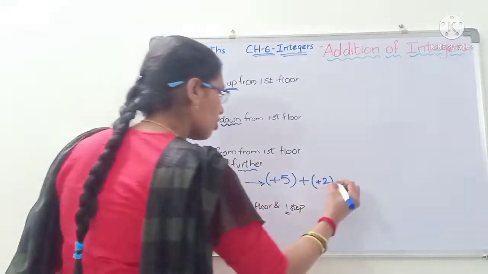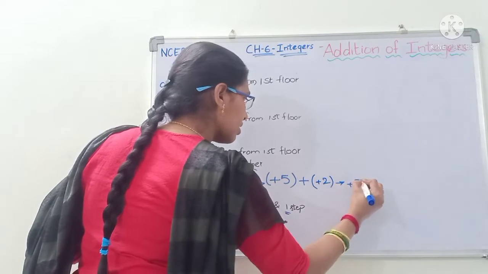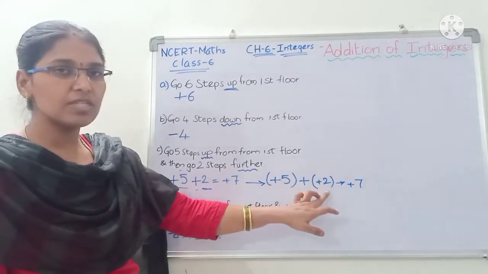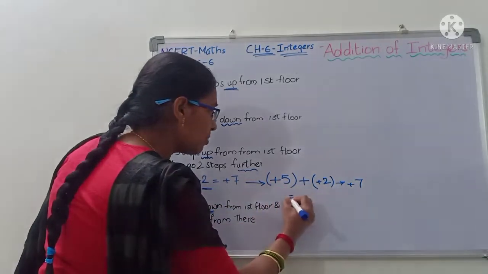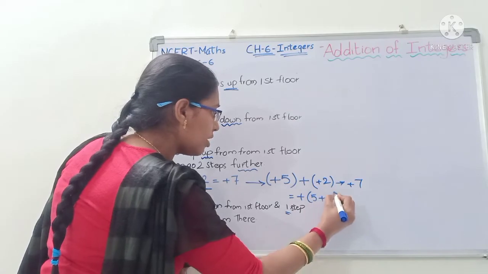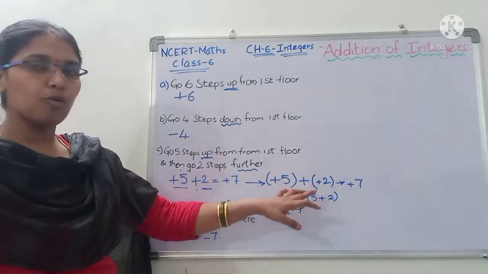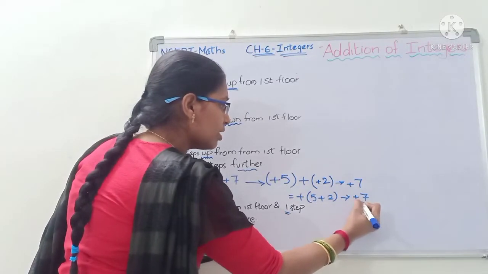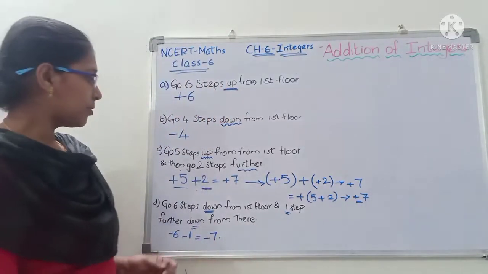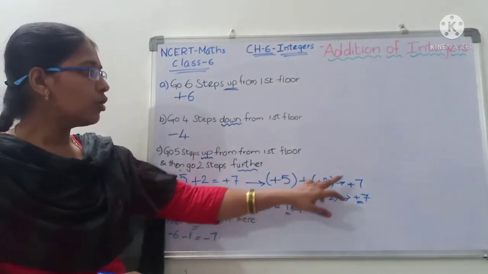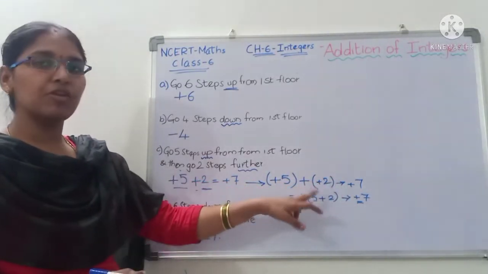See, the answer we got is plus 7. If you observe this, this is nothing but addition of the two numbers 5 and 2. As both are positive numbers, the answer will be positive itself. If the signs of both the integers are positive, you get positive itself when you add.